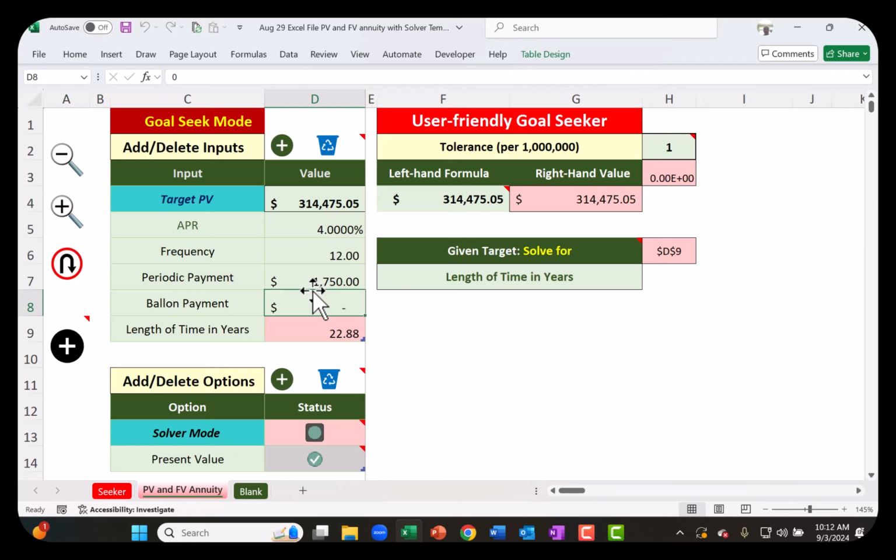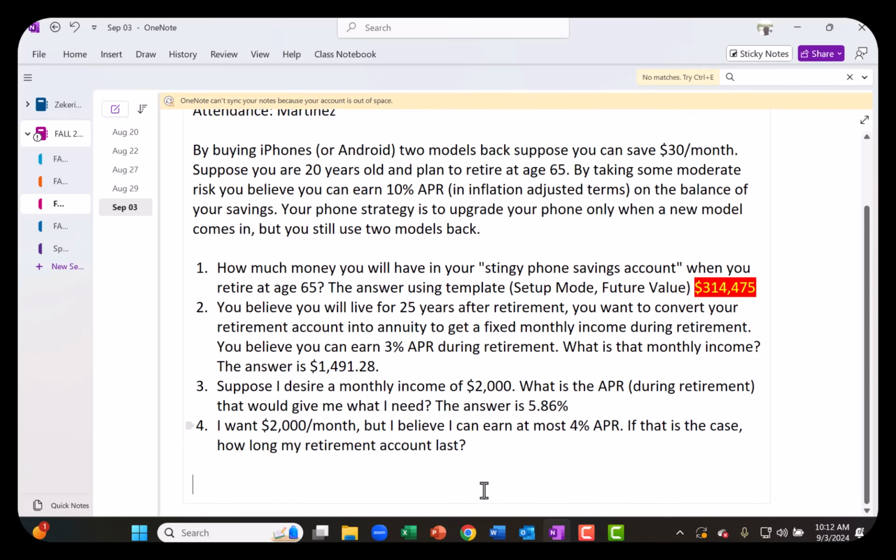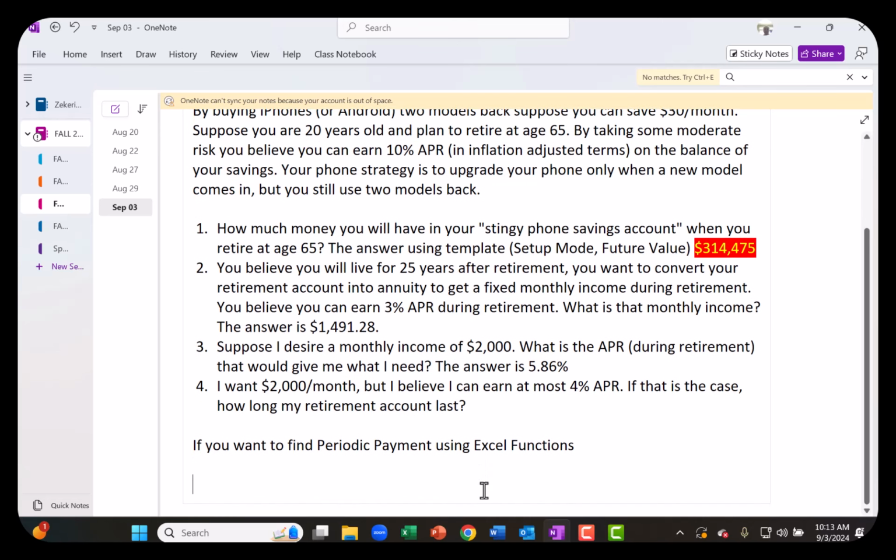Again, there is nothing you can't do using Solver or Excel functions. Just to give you an idea, if you want to find the payment, use the PMT function. The first argument is period interest rate.